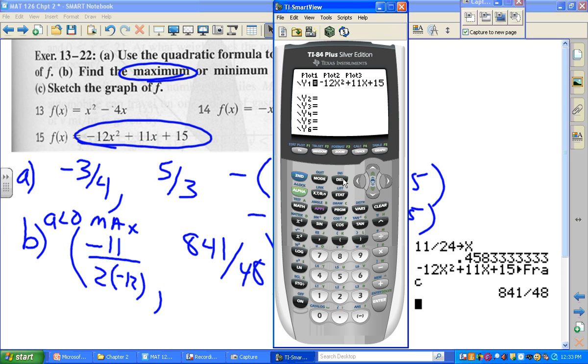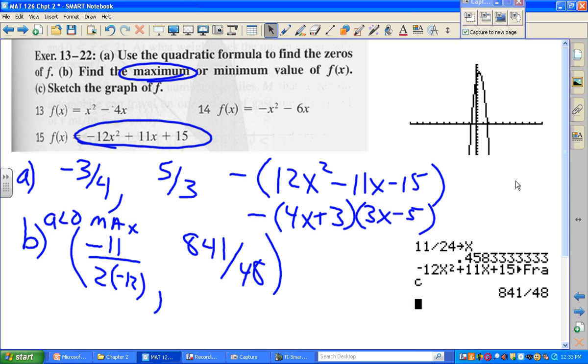About how much is that? 17.5? So I'm going to take my window up to the y maximum. I'll go up to 20. -3/4 to 5/3 should be within the window -10 to 10. I just want to see the maximum. There we go. It's kind of skinny, but you get the idea. Here is 5/3. There is -3/4. And there's your maximum y value, 841/48.